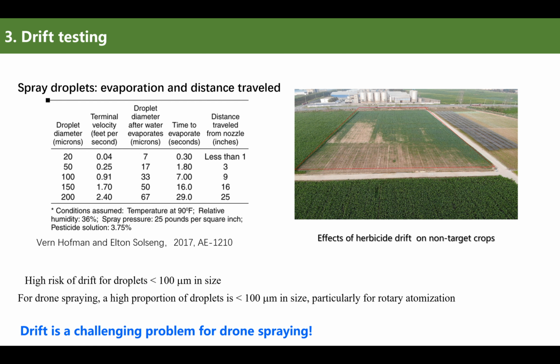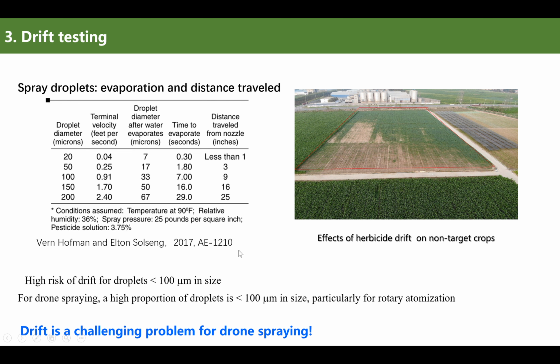Then I talk about the drift. This table is the settling table. This column is the diameter of droplets, and this column is the travel distance in the air of droplets. A short travel distance means the droplet cannot reach the target.